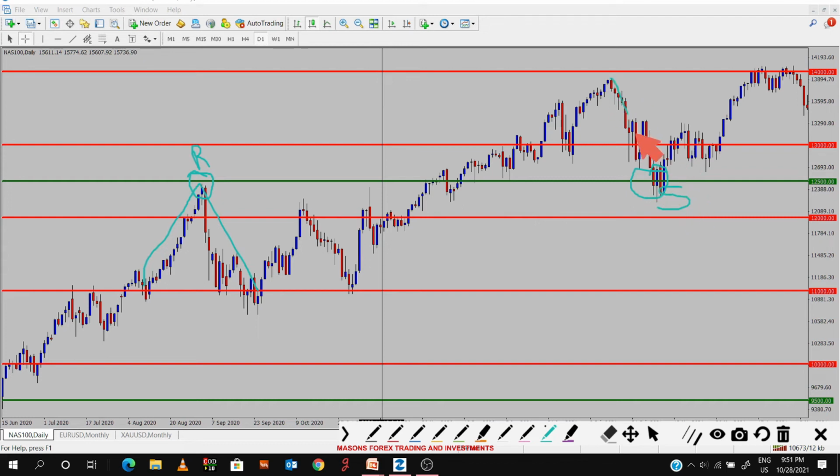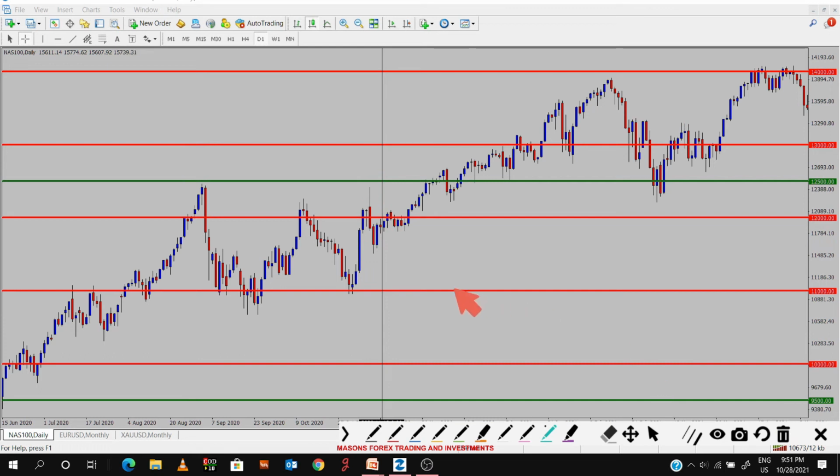You can see price pushes into this 12,500 level and moves all the way up. You can see we have this candle and these other two candles which form support again. And with this candle, we almost reach the level. Price pushes in and moves away, and we call this resistance.